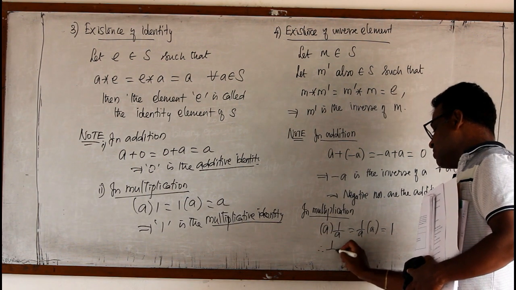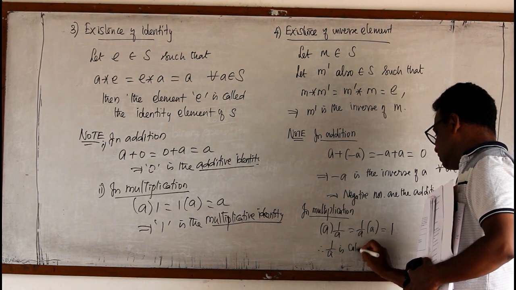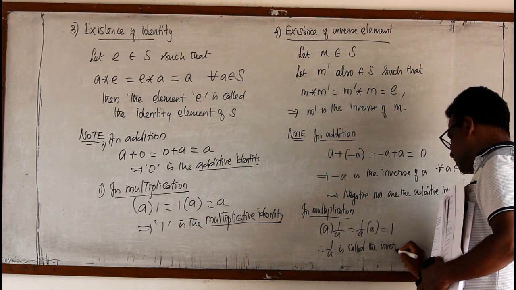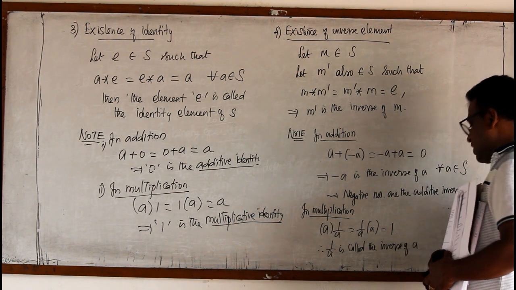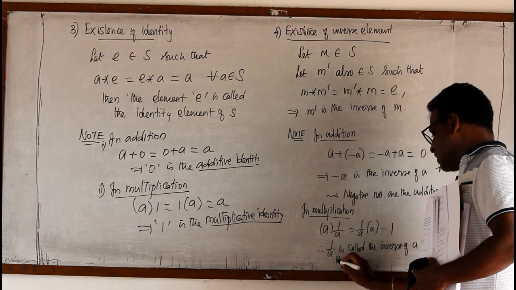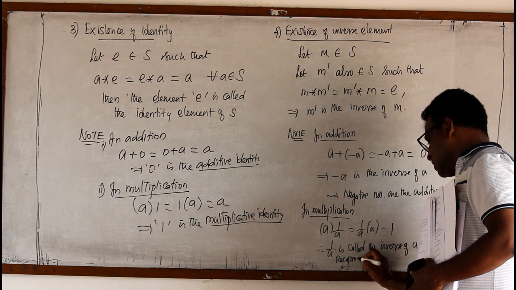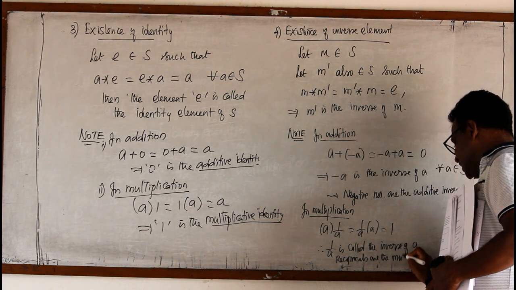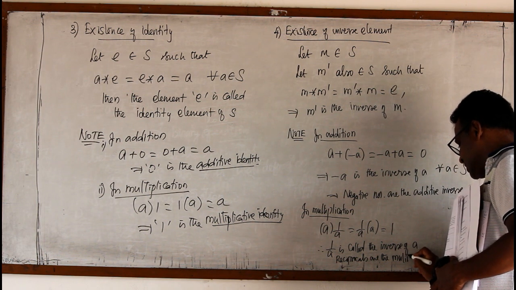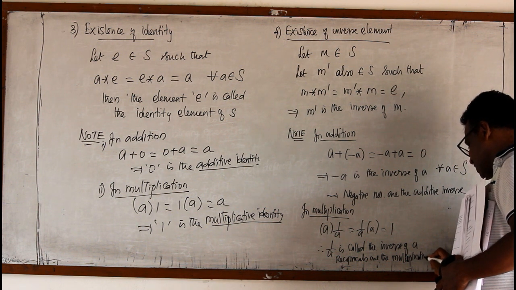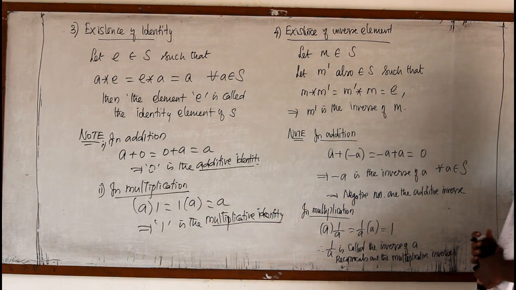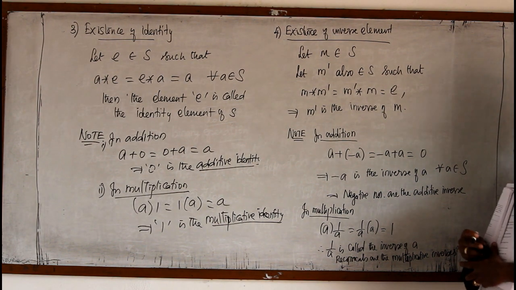Therefore, 1 by A is called the inverse of A. Therefore, we can say reciprocals are the multiplicative inverses. So, these are some glimpses on the identity and also the inverse.